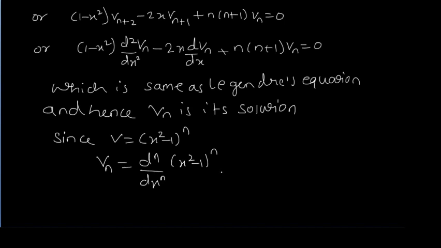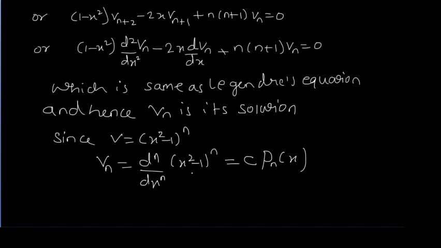Now since it contains positive powers of x, it is a multiple of Pn of x. So this can be written as constant into Pn of x.